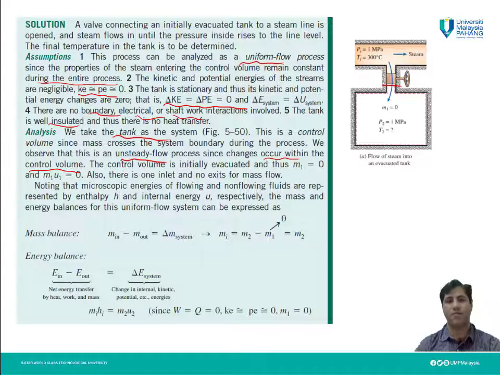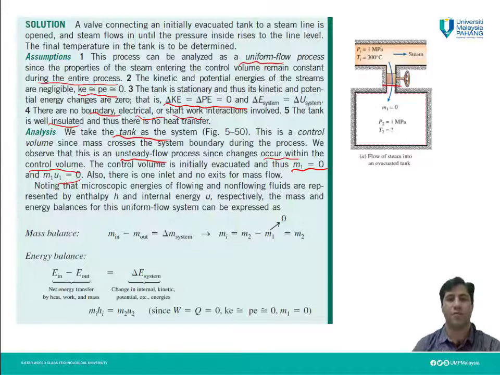But we have this information as well. The initial mass of the steam inside the tank is 0, and its initial internal energy is also 0, because we don't have any steam inside our control volume. It is evacuated, with nothing inside. Then m1 u1, the internal energy of the control volume, is 0 as well.